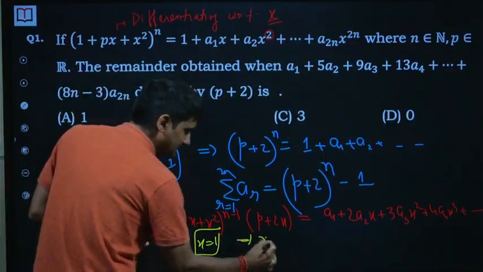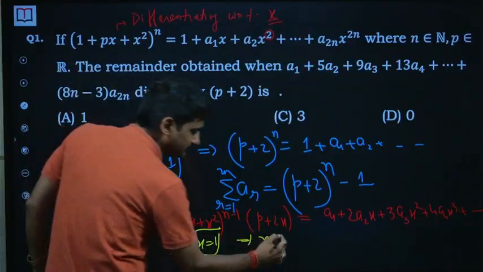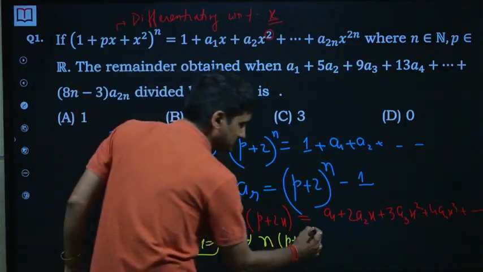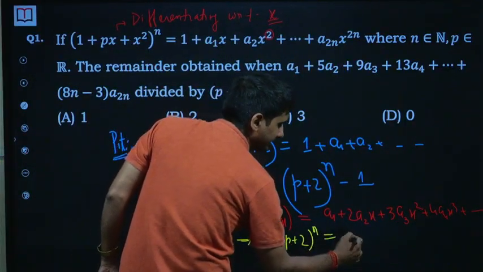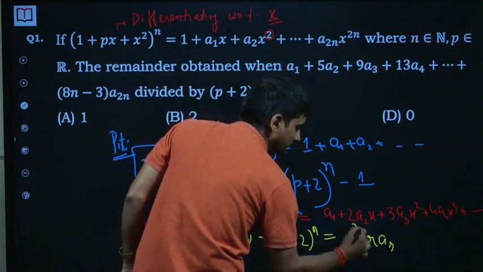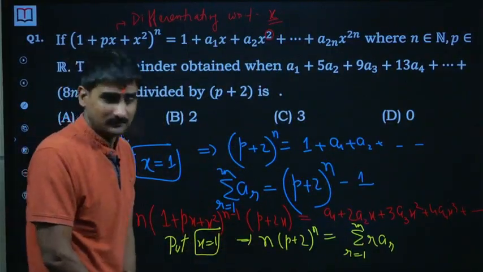See, this is n into, x is 1, so (p+2)^(n-1), and this is again p plus 2, so it's n(p+2)^n, and this is nothing but summation of r goes from 1 to 2n. I believe all of you will agree to that.